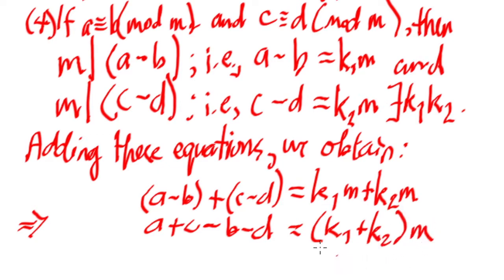Next, we can fix this left-hand side by getting the common monomial factor, which is just minus 1.